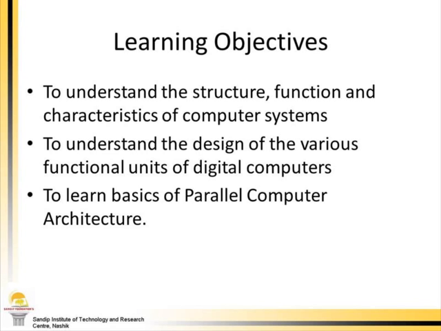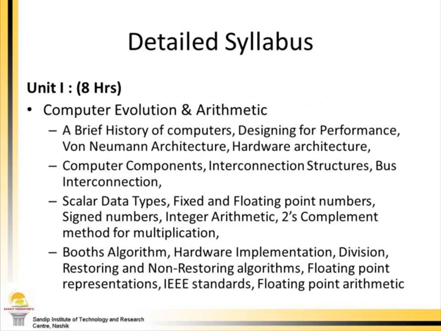Let's look at the syllabus structure first. It contains total 6 units. Out of this, the first unit contains computer evaluation and arithmetical operations: how computers have evolved from generation to generation, and regarding the arithmetical calculations of the computer system, how computer performs arithmetical operations such as addition, subtraction, multiplication, and division.